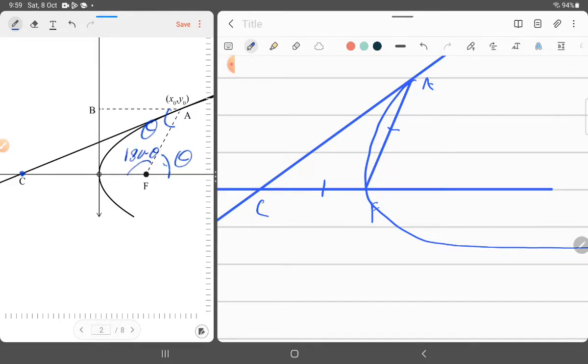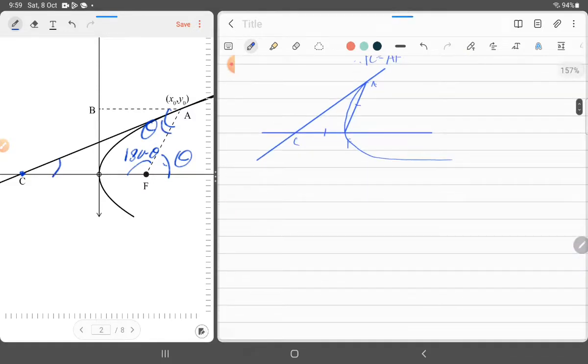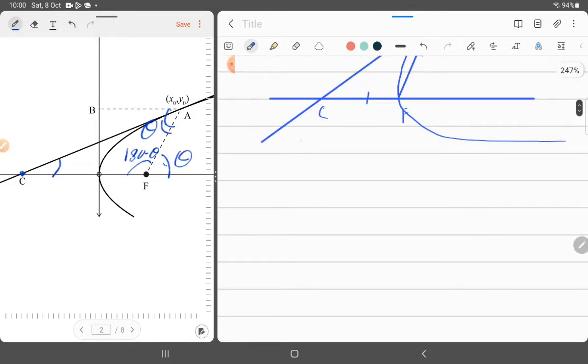But then these two angles, ACF and angle CAF, add up to theta.